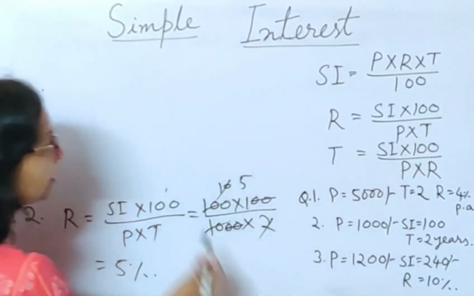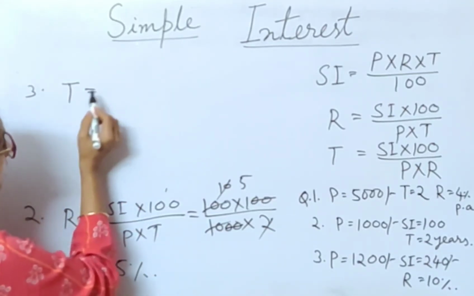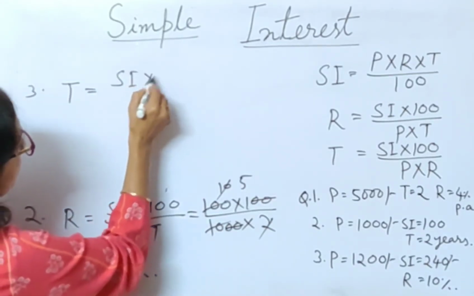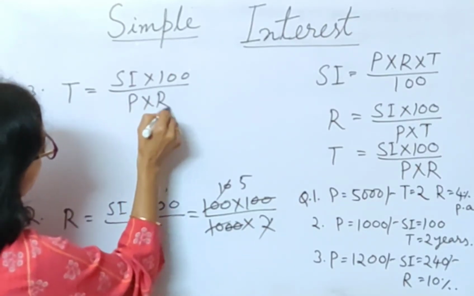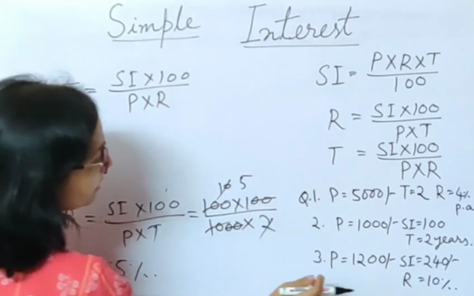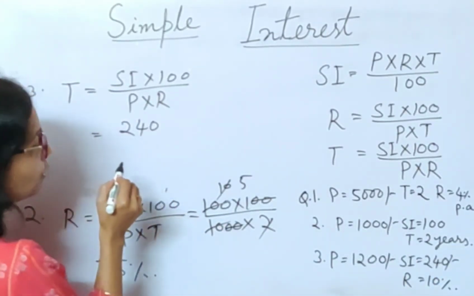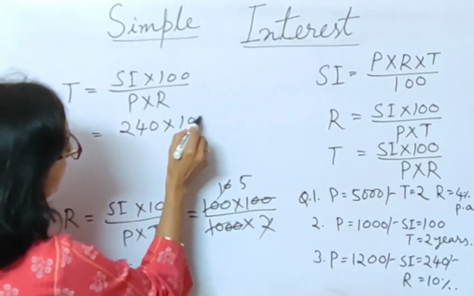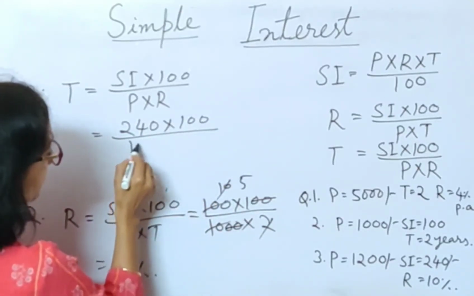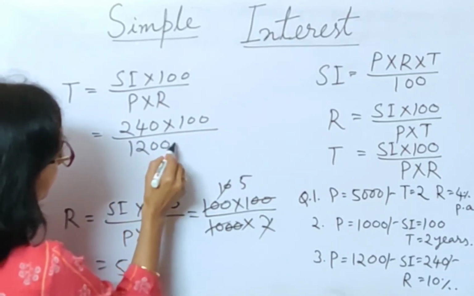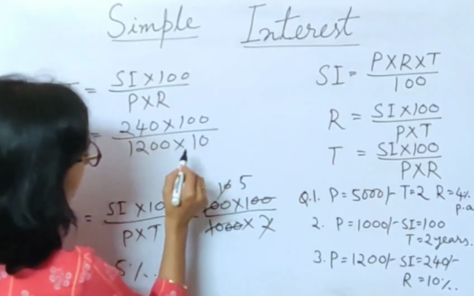To find the time period, let us write the formula: T is equal to simple interest into 100 by principal into rate of interest. Simple interest here is 240, into 100, and the principal is 1200, into the rate of interest, 10%.